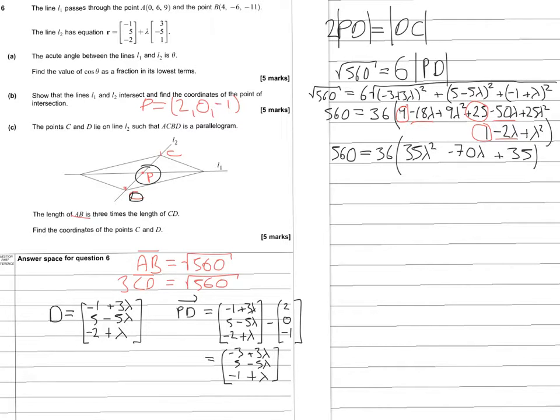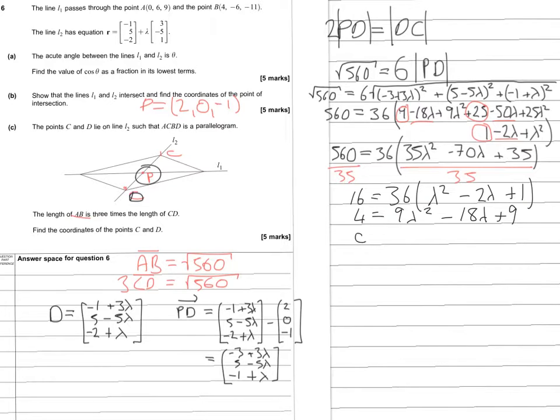Okay, so I can see here this has got a common factor of 35, so I'm going to divide both sides by 35, which I know from before is going to give me 560 divided by 35 is 16 equals 36 times λ squared minus 2λ plus 1. Divide both sides by 4, so 4 equals 9λ squared minus 18λ plus 9.